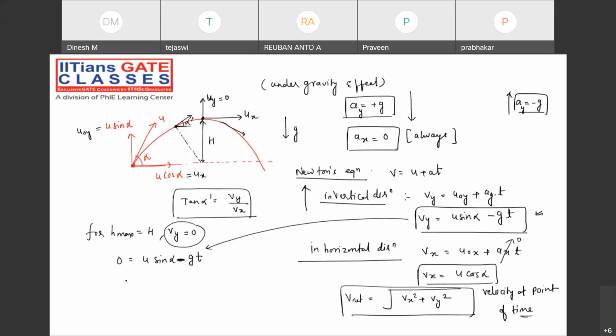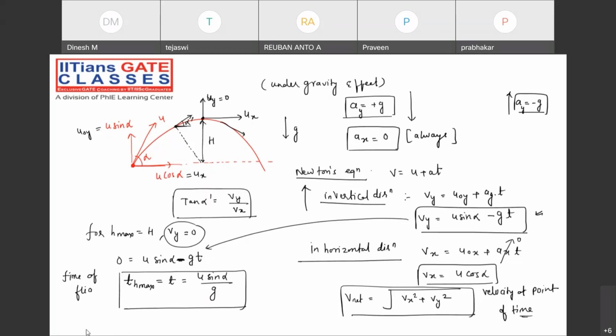Then what are we calculating? How much time will be required to travel to the particular height? What will be the answer? u into sine alpha divided by g. Note down, very, very important. This is called time of flight.